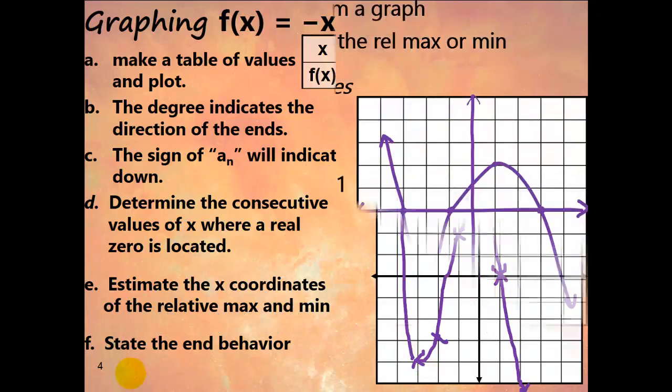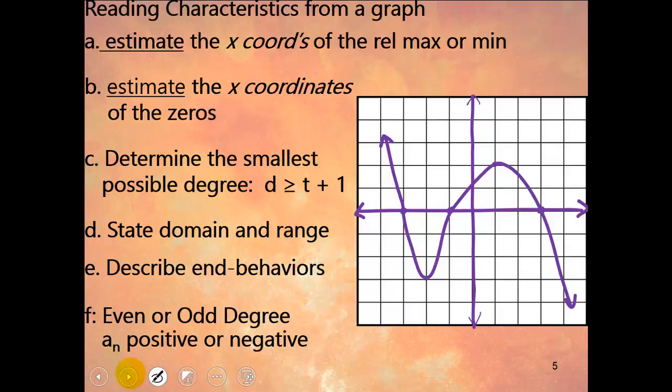Okay? All right, the last thing that we're going to do is reading from a graph that's provided to us. We're going to estimate the x-coordinates of a relative max or min. We're going to estimate the x-coordinates of the zeros. We're going to determine the smallest degree, and then some of the other features, okay? So we're going to estimate the x-coordinates of the relative max or min.